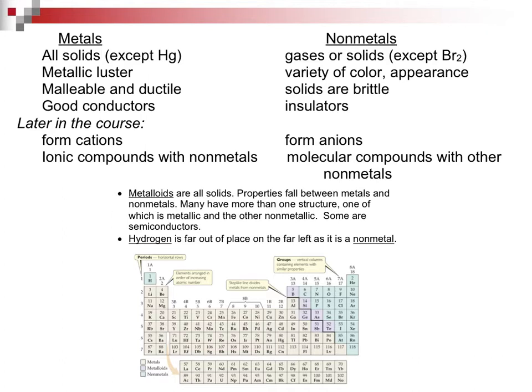But for now, these are the properties that you should grasp that a practicing scientist would know. When I look at the metals, they are all solids except mercury. And you've noticed we use (s) for solid and (l) for liquid, and mercury is a liquid.